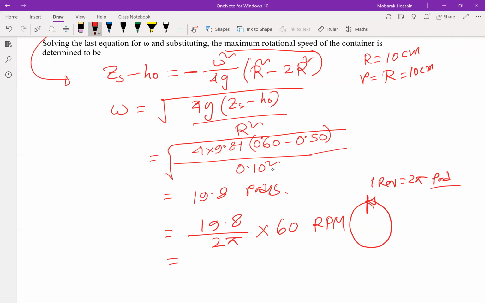If we solve this, you will get 189 rpm. That means if you rotate your cylinder at 189 rpm, your fluid will start spilling.